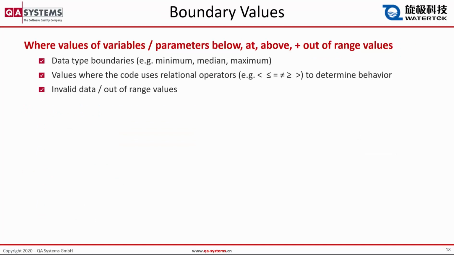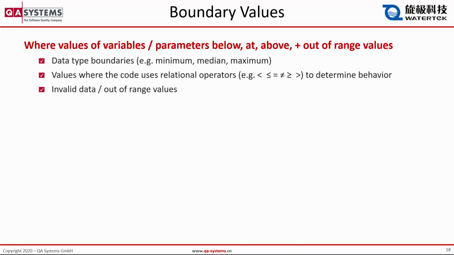For boundary values, where values of variables or parameters are below, at, above, or even out of range values, again, data type boundaries, for example minimums, medians, maximums, can be used. Values where the code uses relational operators, greater than, equal to, etc., are there to determine behavior of the control flow in the code, and therefore are very useful to be tested with boundary values.